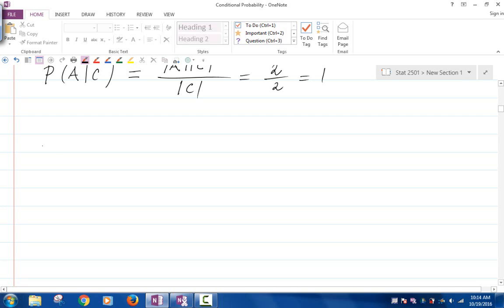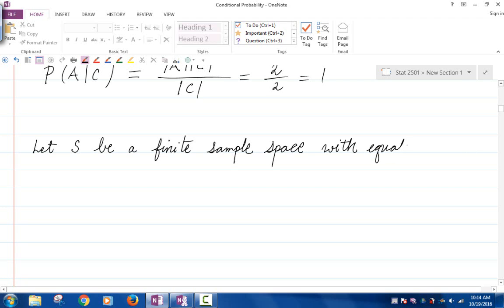So let S be a finite sample space with equally likely outcomes.